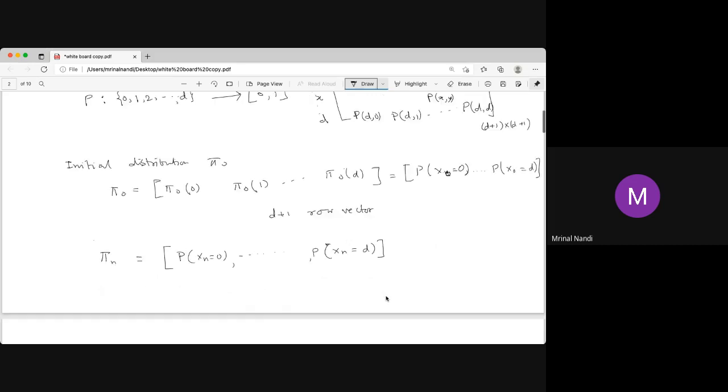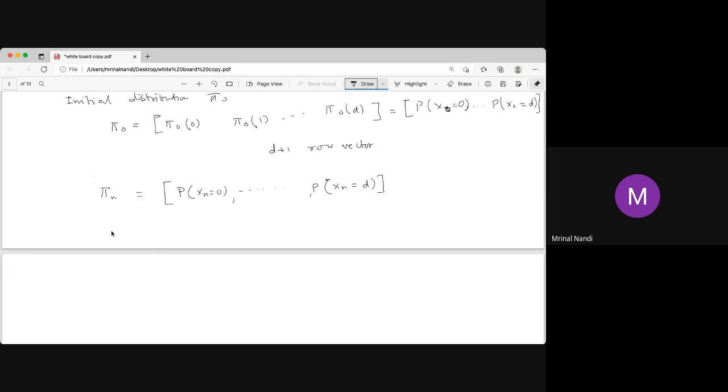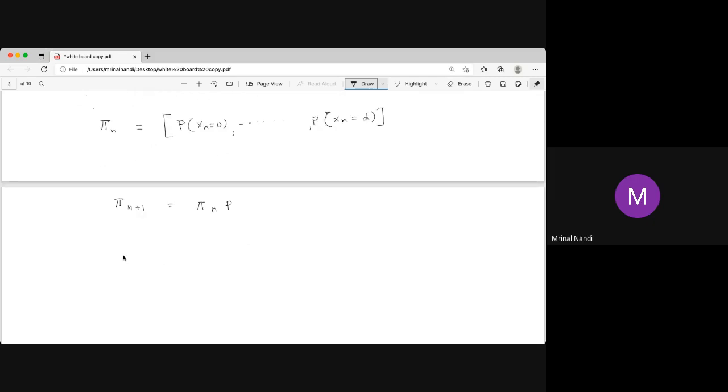Now, you can easily find that pi n plus 1 is nothing but pi n into p. Why is this so? What is pi n p?